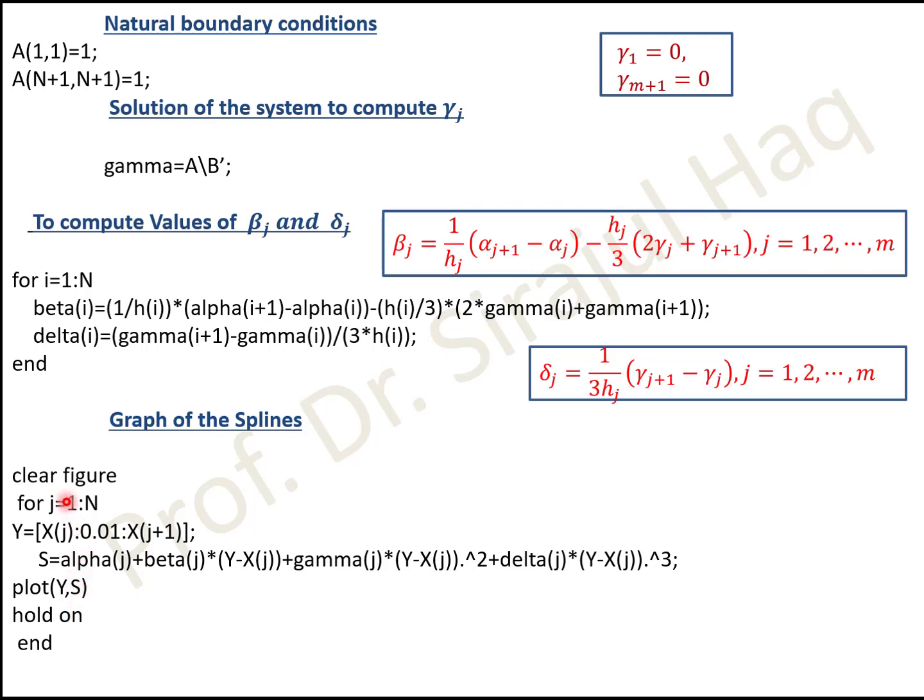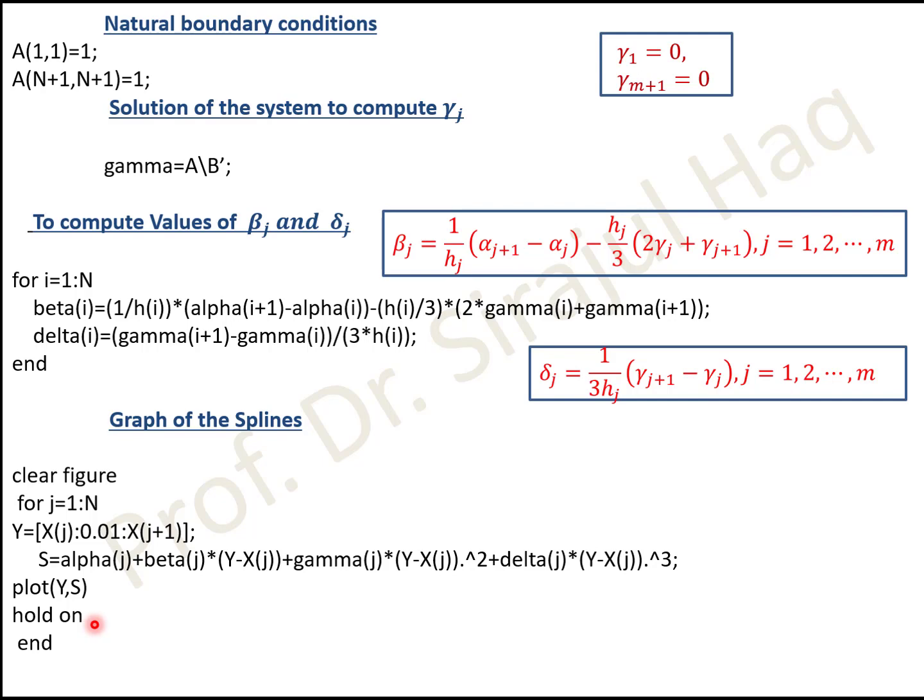So you can see that these 4 lines give you how many intervals you have, and in every interval you got a different spline. So it will plot the corresponding spline in the corresponding subinterval.